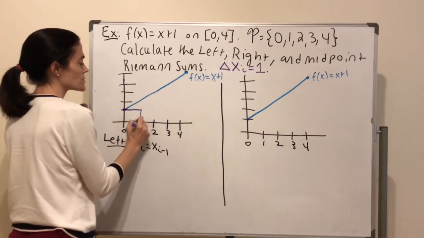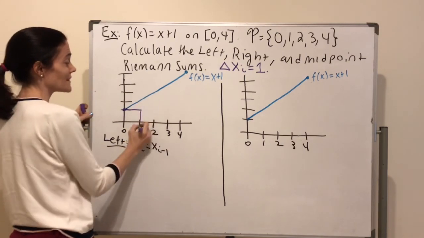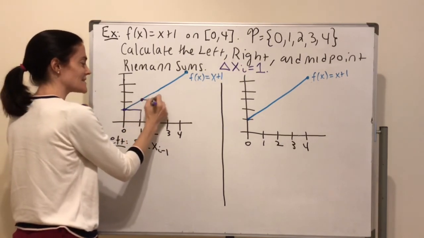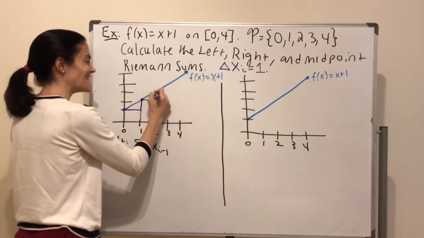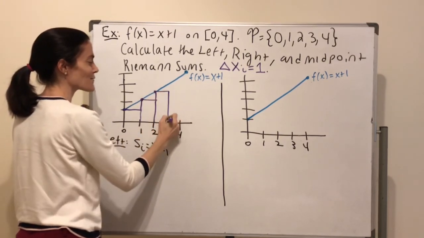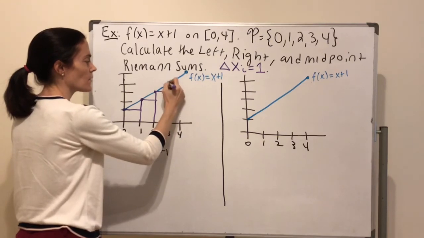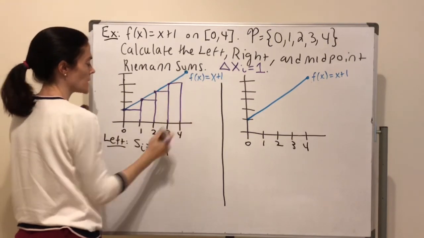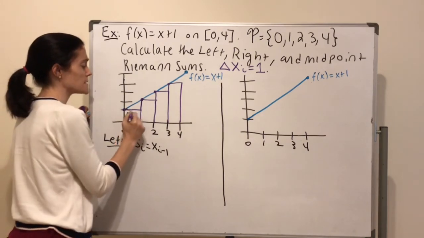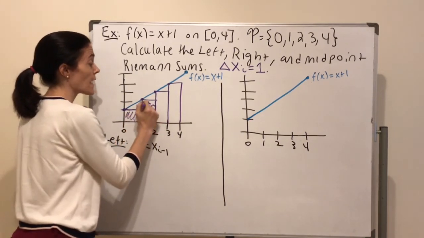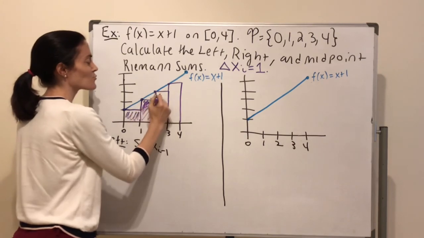This is our first rectangle. We take the left endpoint, it's here. This is our second rectangle. We take the left, okay, it's here, our third rectangle, and finally we get this one. And the Riemann sum, which we'll write below, gives us this total area of the rectangles.